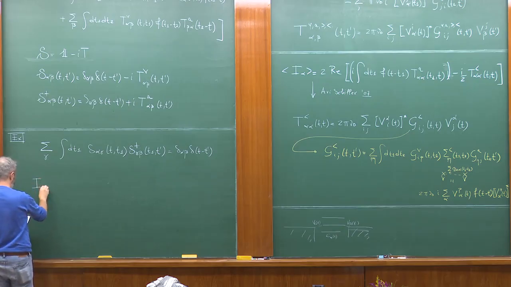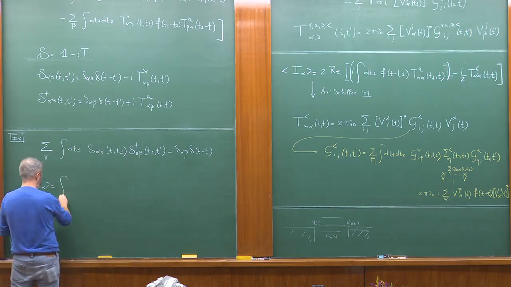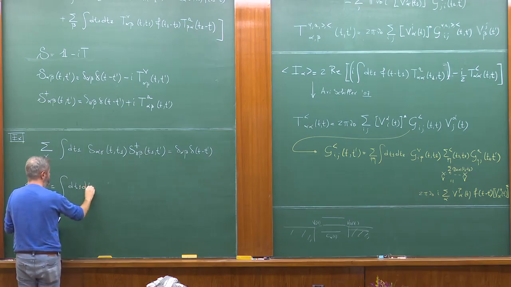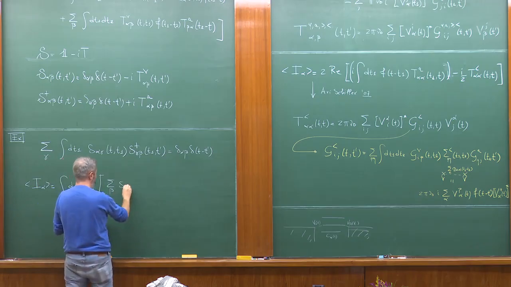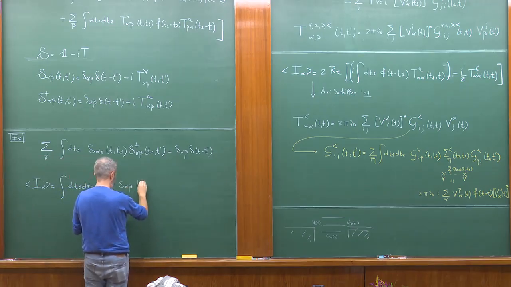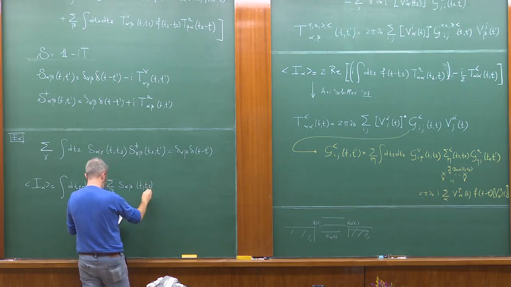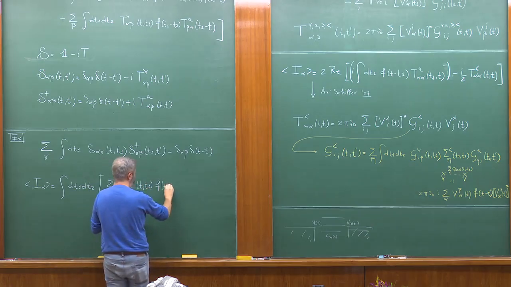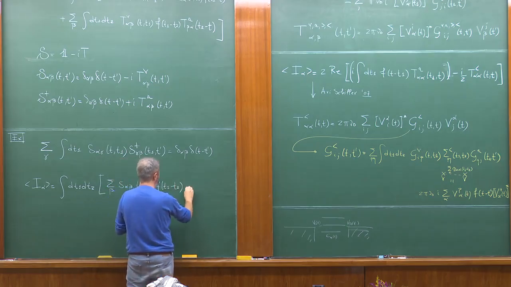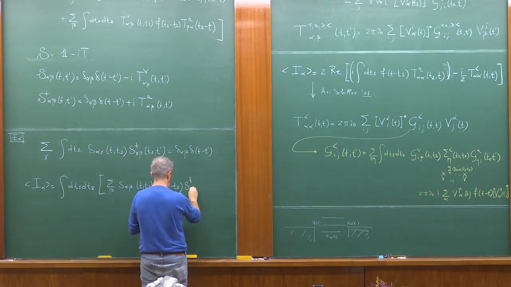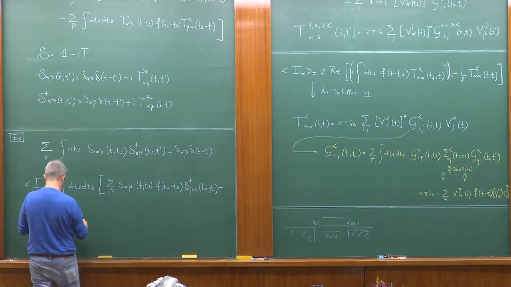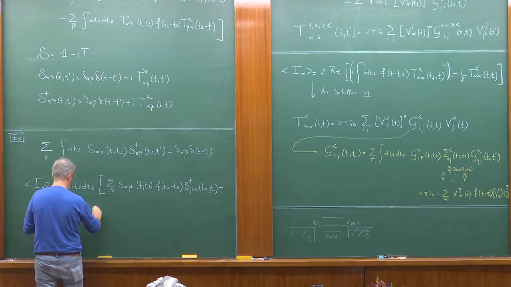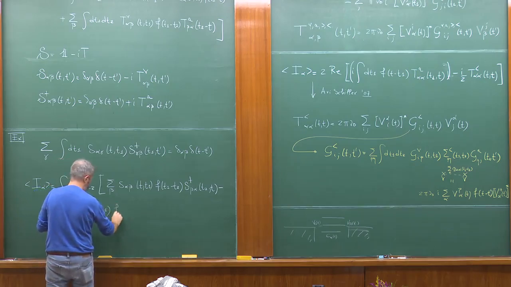So the current I alpha comes out to be the integral dt1 dt2 of the sum over beta S alpha beta t t1, f of t1 minus t2, S dagger beta alpha t2 t, minus, and now you have this weird thing that you have to keep.